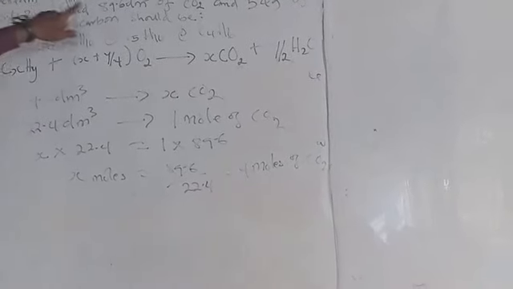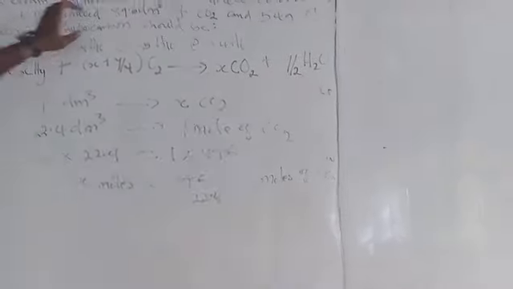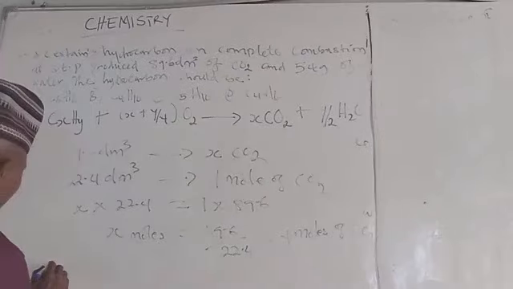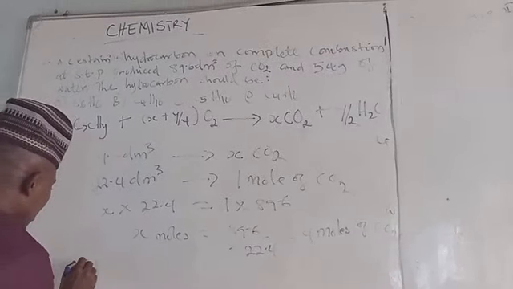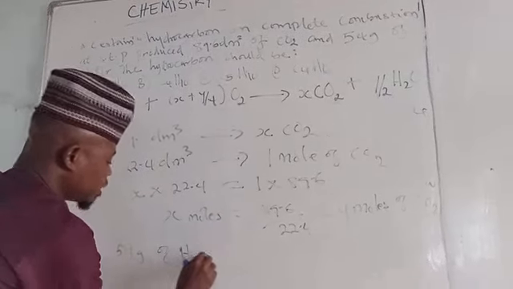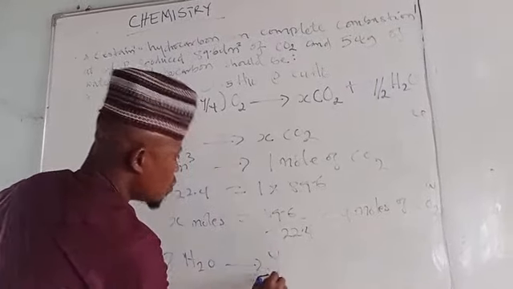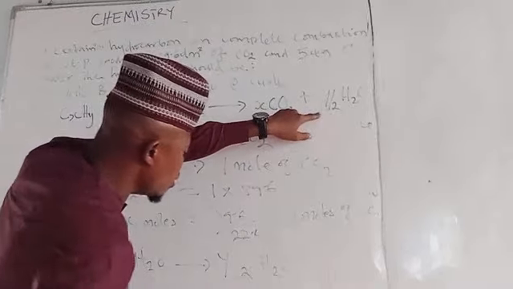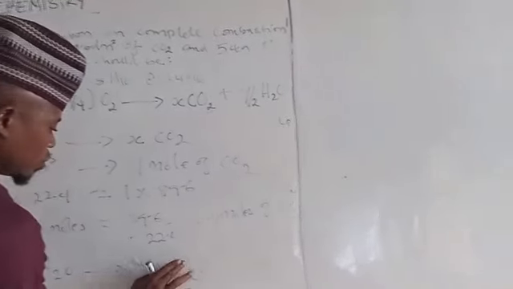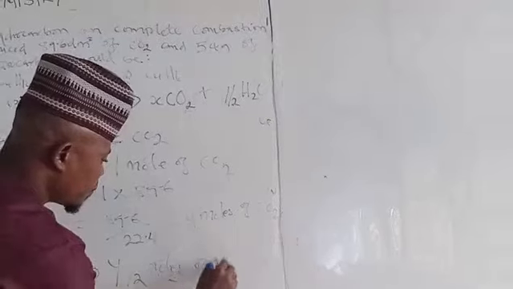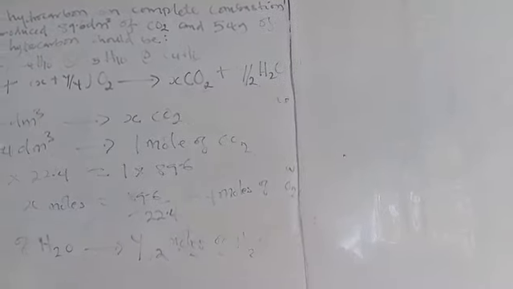A certain hydrocarbon on complete combustion at STP produced 89.6 dm³ of CO2 and 54 grams of water. So 54 grams of H2O will produce y over 2 moles of H2O.